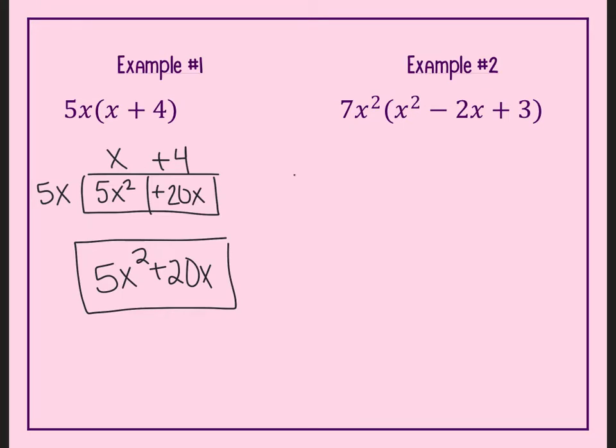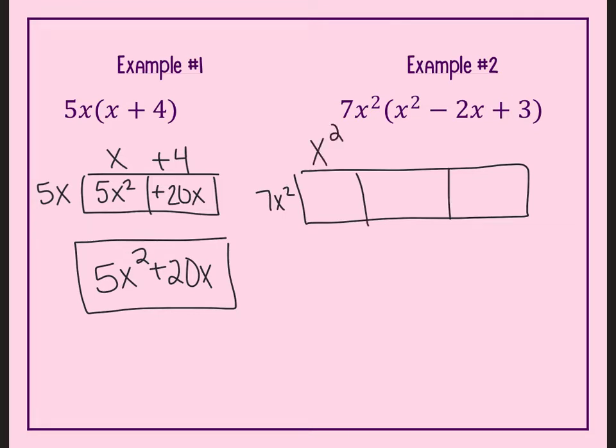So this next one, we have one term times three terms. We have a 7x squared, and we're going to multiply it by x squared, by negative 2x, and by a positive 3. So 7x squared times x squared is 7x to the 4th. So we're multiplying the two boxes by each other.